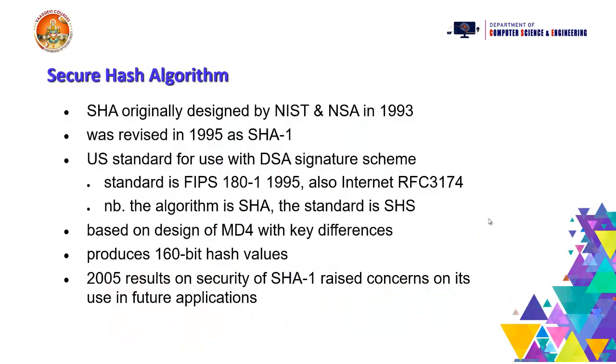Secure Hash Algorithm was originally designed by NIST, the National Institute of Standards and Technology, and NSA, the National Security Agency, in 1993. It was revised in 1995 as Secure Hash Algorithm 1, in short SHA-1. It was designed based on MD4 with key differences, and SHA-1 produces a 160-bit hash value.